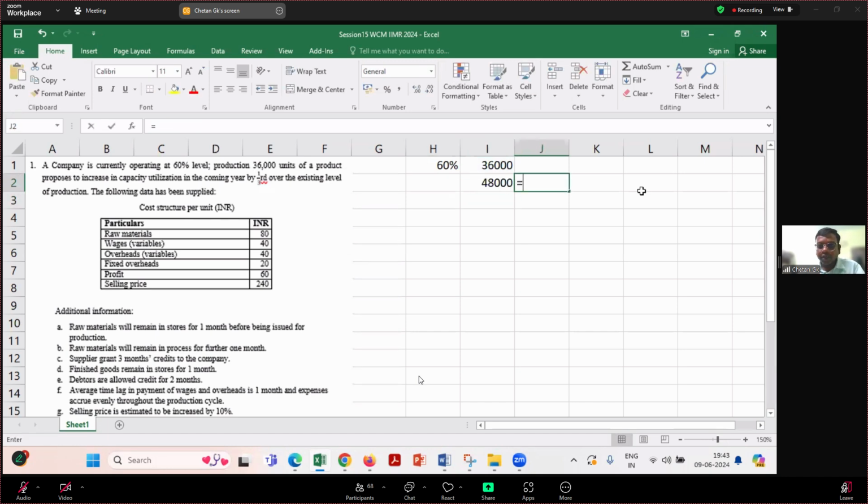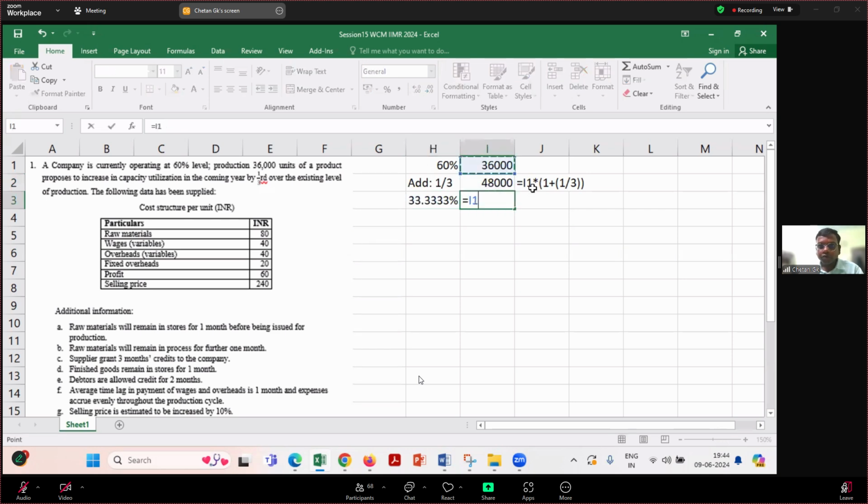Are you getting this much? Confirm. Add 1/3 to 60%. Are you getting 48,000? How many are you getting? Which means the number of units will be 48,000, right? Or you can choose to do 1 divided by 3 as well. So the company wants to go for 33.3333%.